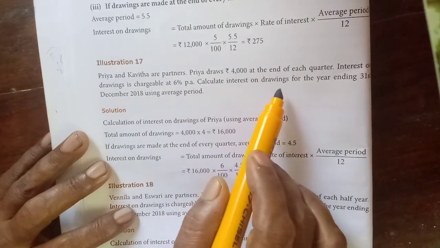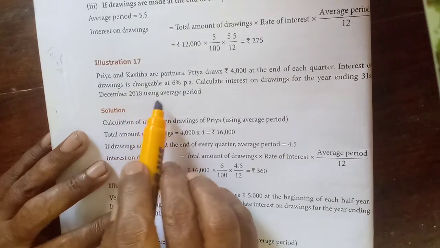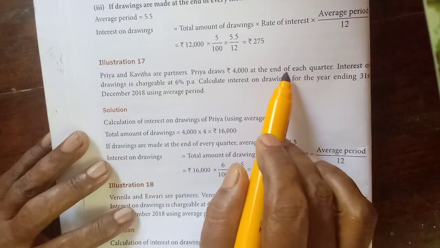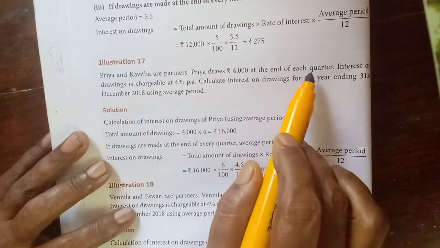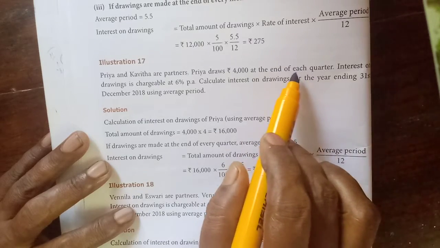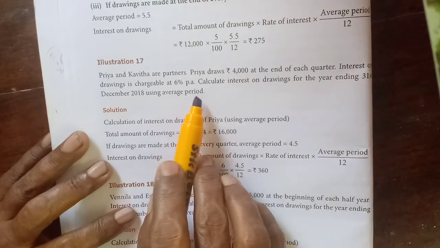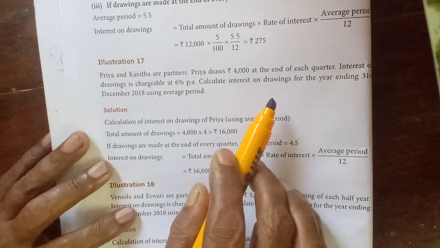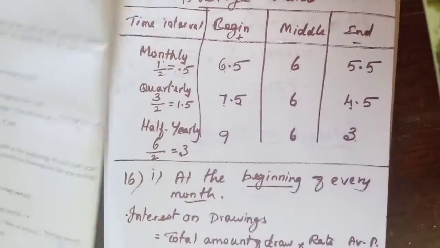Calculate interest on drawings for the year ending 31st December 2018 using the average period method. So, at the end of each quarter, that is what we have to be careful about. Okay, I will do and show.